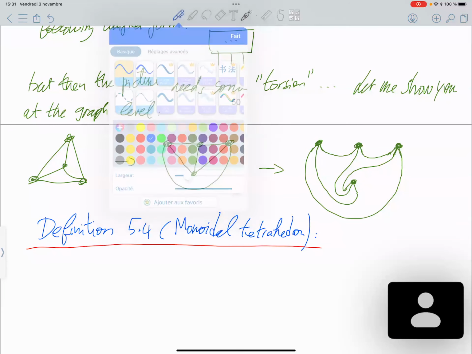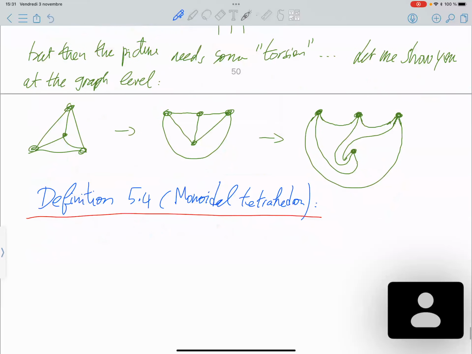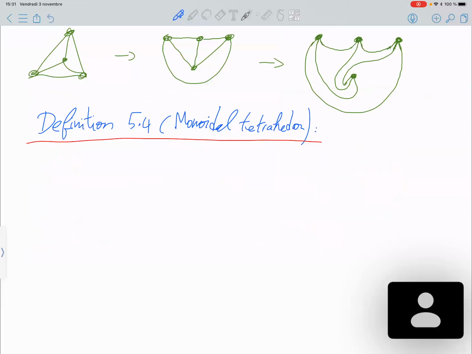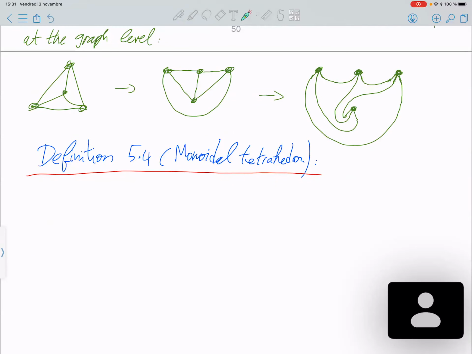So how many objects and morphisms do we need? We need 1, 2, 3, 4, 5, 6 objects. We need 1, 2, 3, 4 morphisms. So let me introduce this.